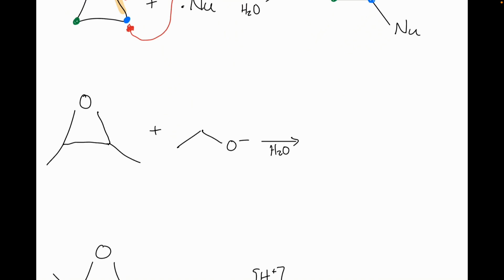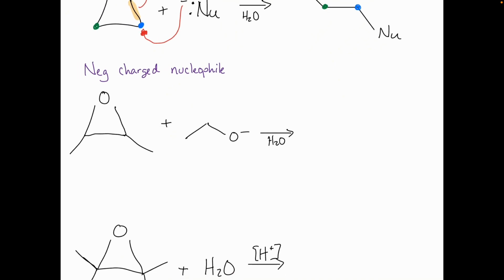All right, so in this first example here, we have a negatively charged nucleophile. Okay, so our nucleophile is going to attack one of those carbons in my ring. So I'm again just going to color these.